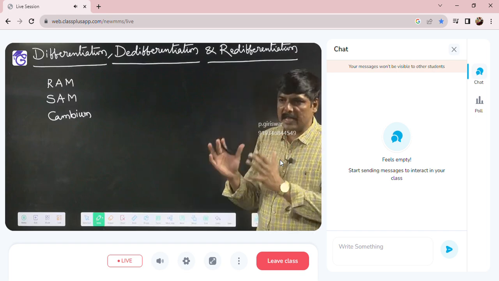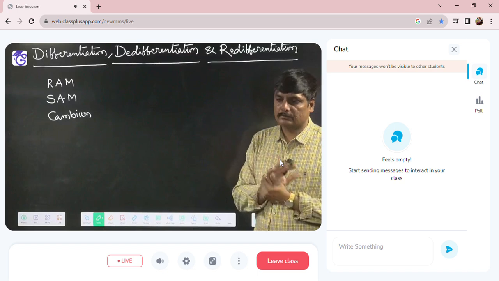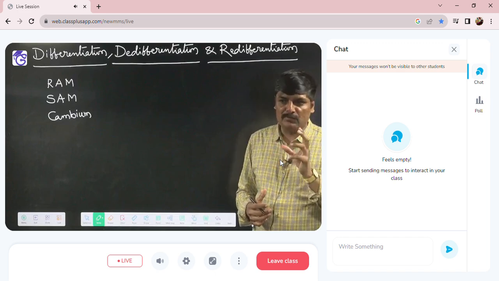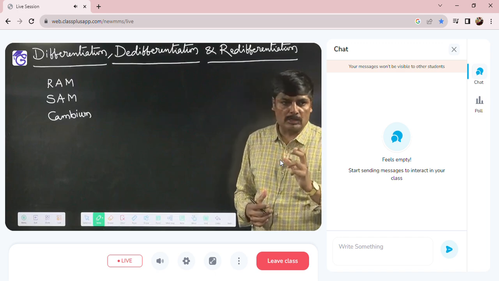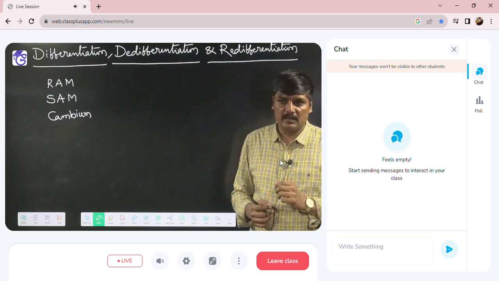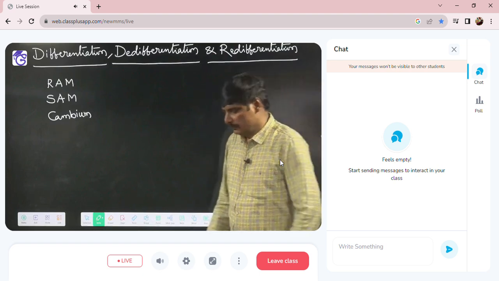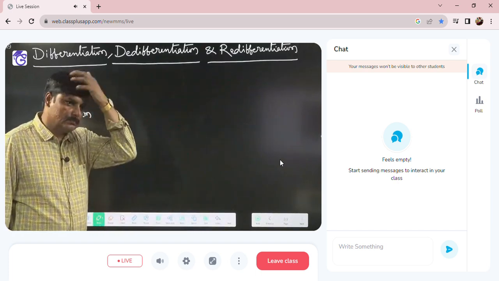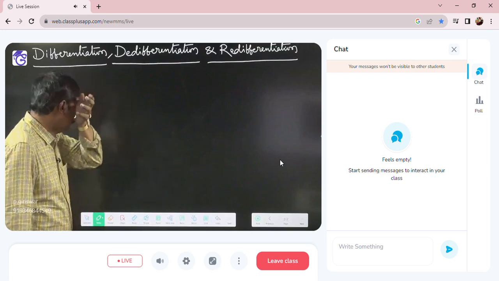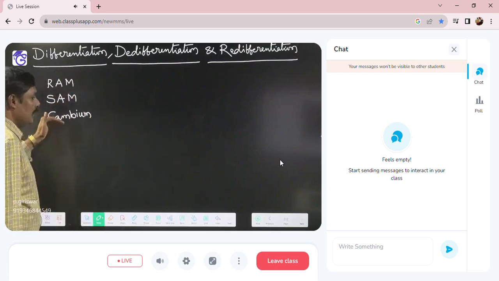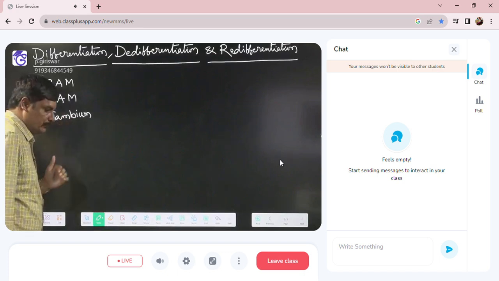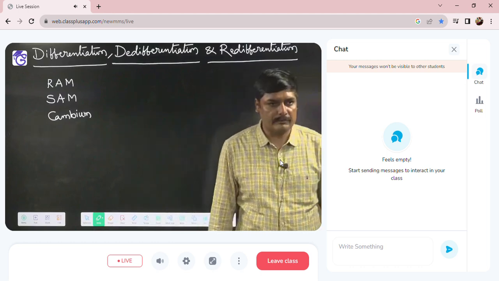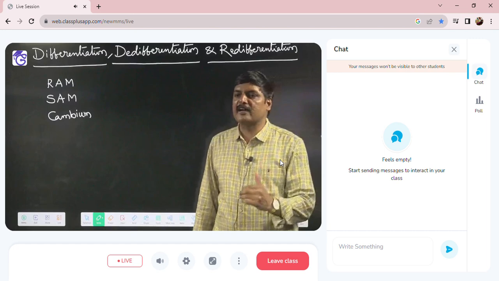RAM and SAM are apical meristems. They are responsible for linear growth of the plant, that is, growth in length. And there are lateral meristems like vascular cambium and cork cambium. They are responsible for secondary growth.